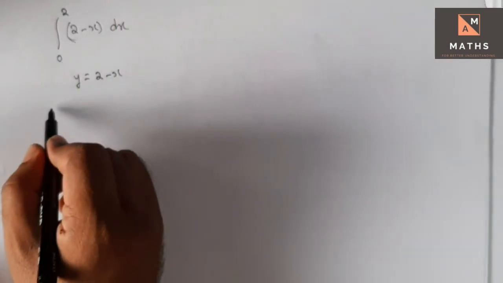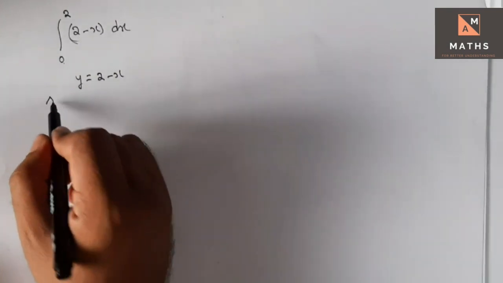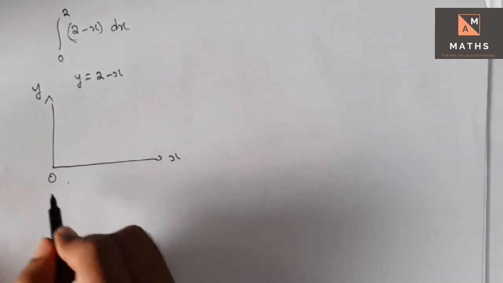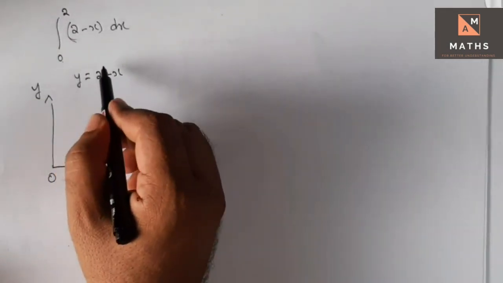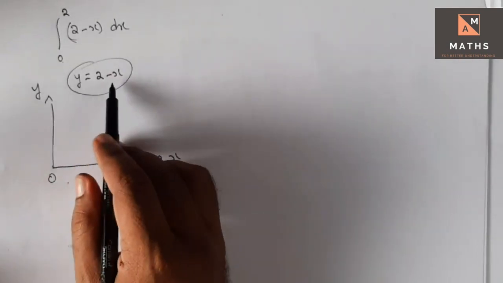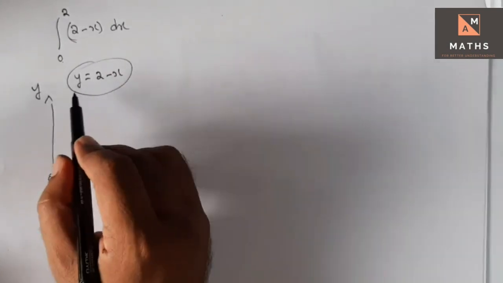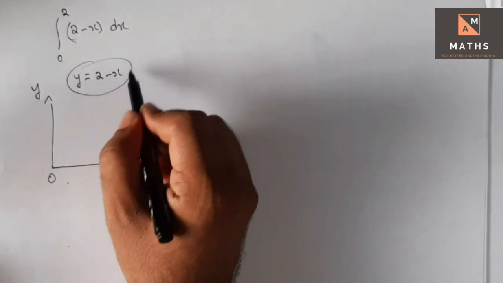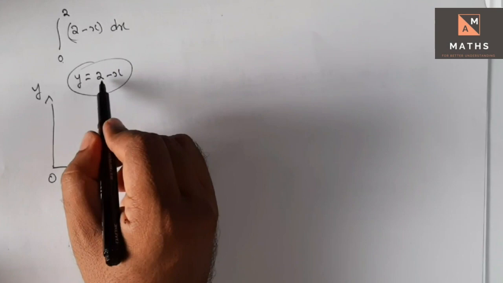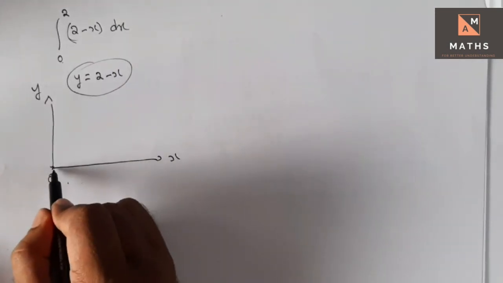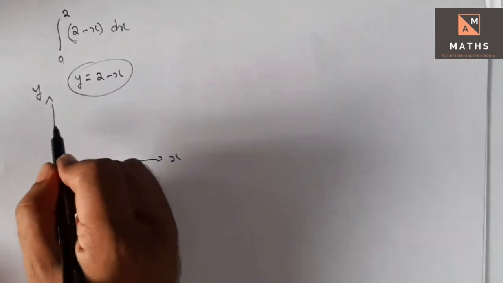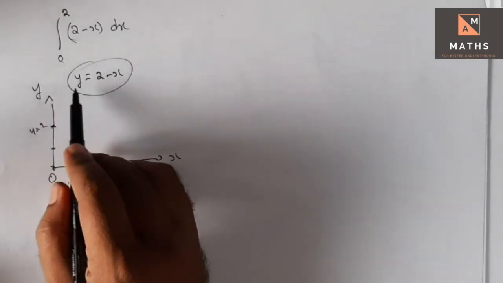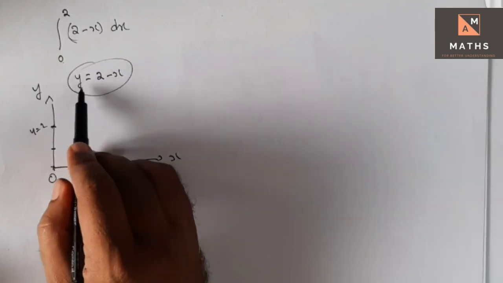For that, take the y-axis and the x-axis, with the origin, and draw the graph of this function. How to draw the graph of this function? This is a straight line. First take x is equal to 0. If x is equal to 0, we get y is equal to 2. This is the origin 0, somewhere here you will get 1, somewhere here you will get 2. So this is y is equal to 2. Then if you take y is equal to 0, what do we get? 0 is equal to 2 minus x.